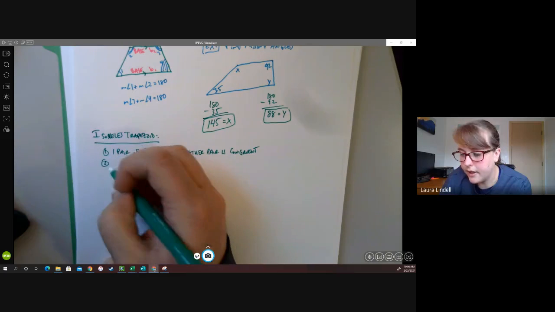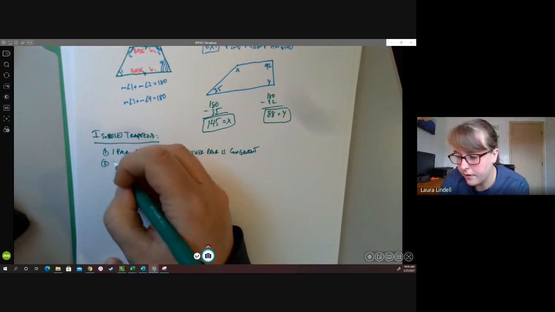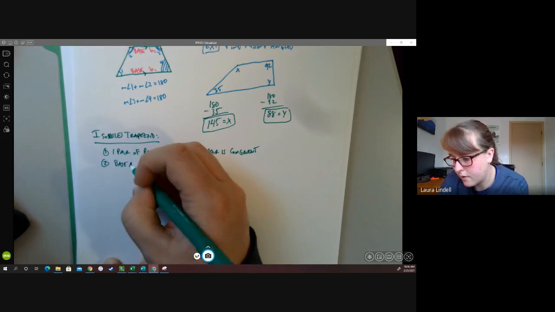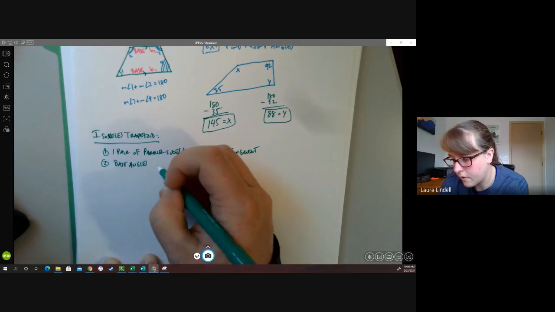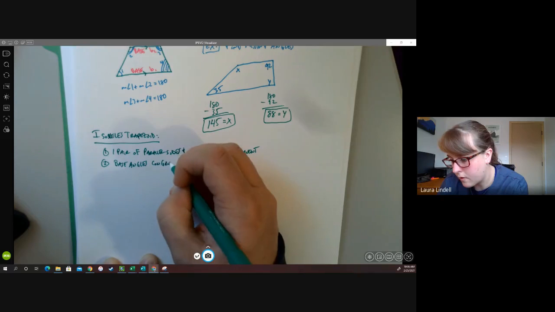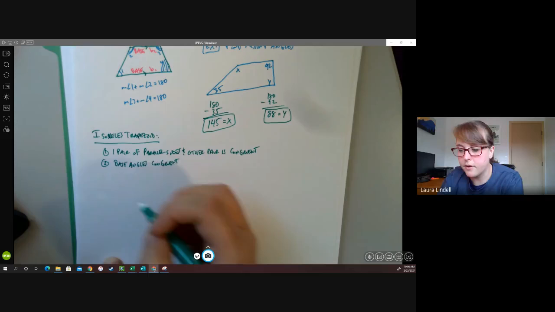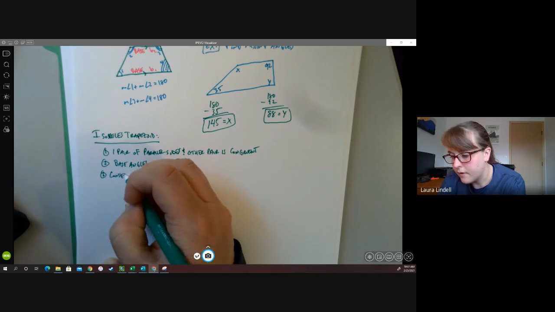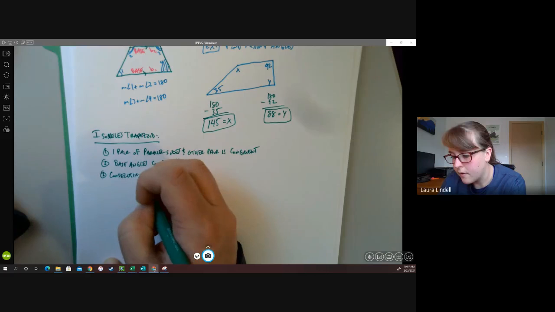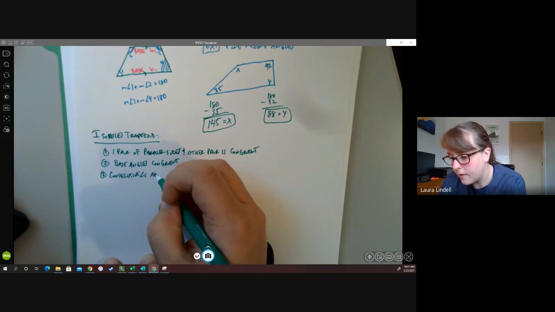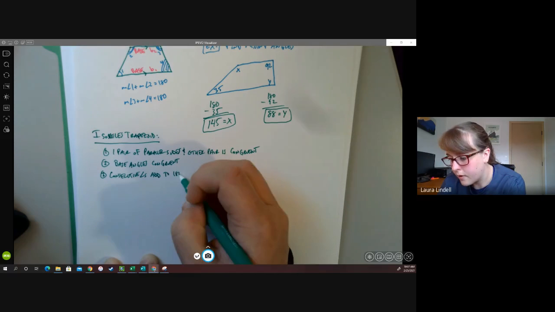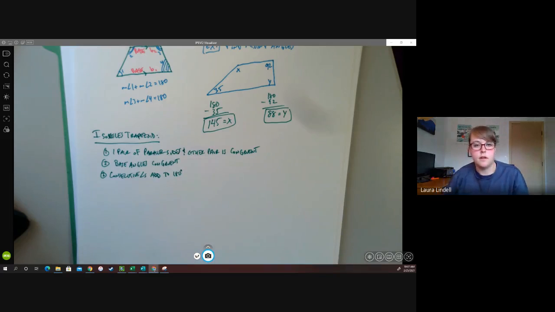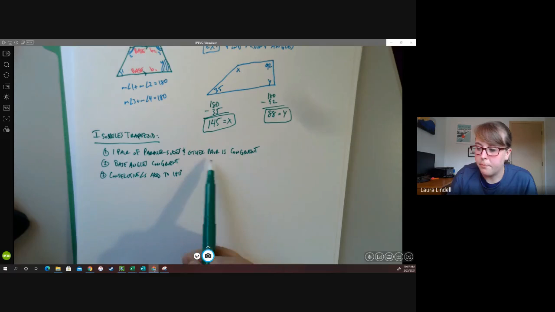And then secondly, the base angles are congruent. And then thirdly, still the consecutive angles add to 180. So it has all the regular trapezoid properties, plus the base angles are congruent, and the other pair of sides is congruent.